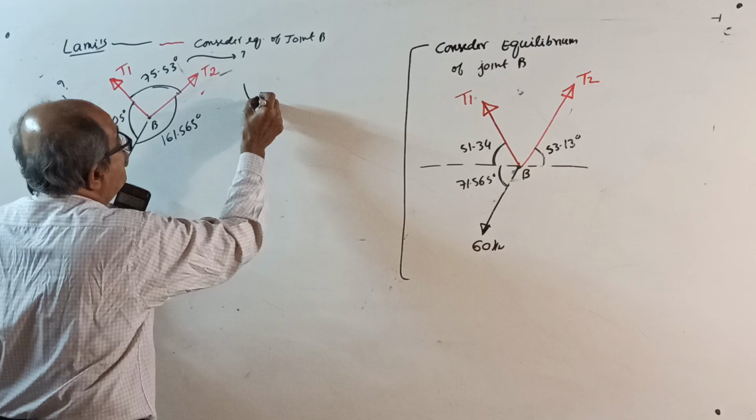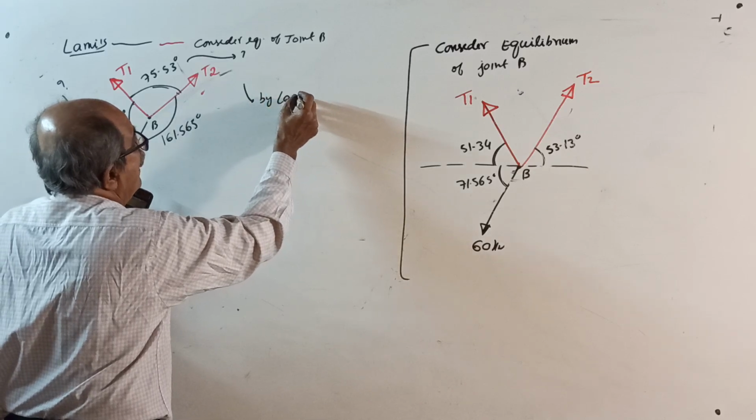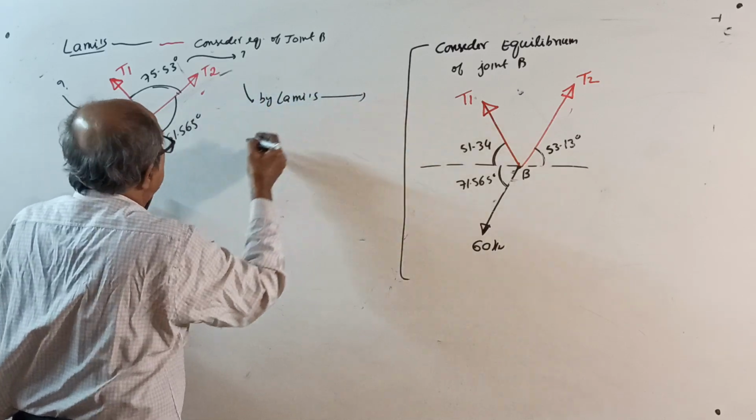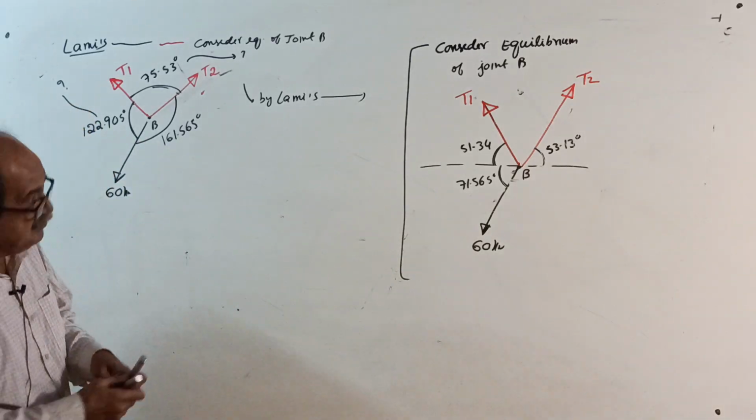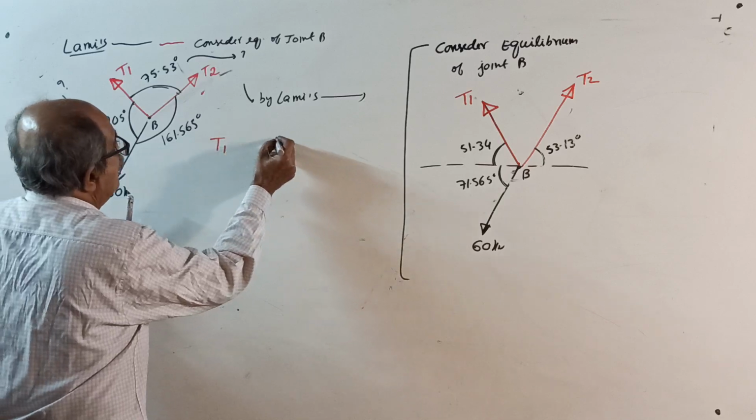Now write here, by Lami's theorem, unknowns T1 and T2.